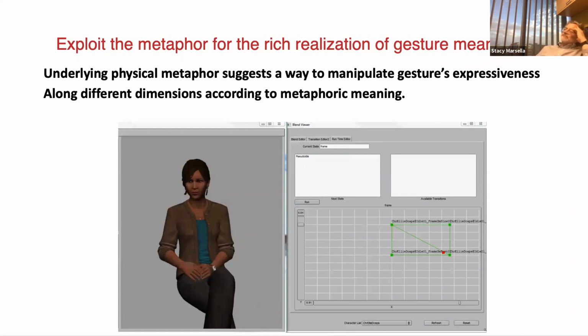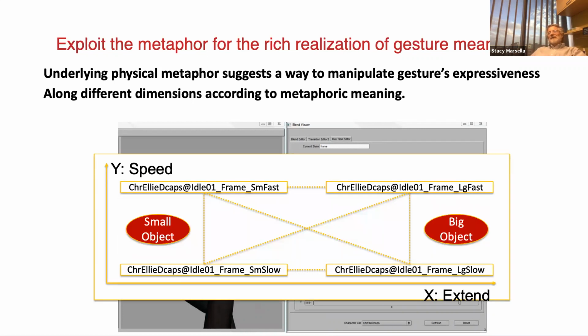And one of the beauties of doing it this way is that you then have a model of how to animate it, because the animation is now tied to the physical manipulation of the gesture itself. So you can set up a blend space of animations. Like a small container that's constructed really rapidly, a small container that's constructed slowly, a large container constructed fast, or a large container constructed slow.